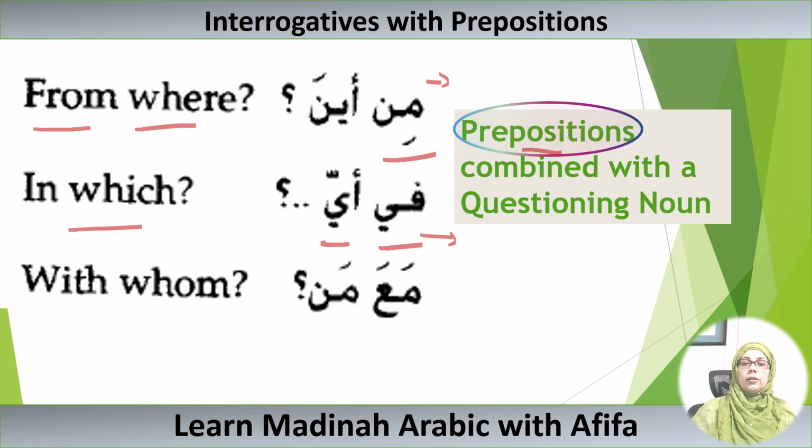And in this third example, you can say ma'a man, it means with whom, where ma'a means with, it's a preposition, and man means, as we have covered in prior lessons, it's a questioning noun to mean whom.